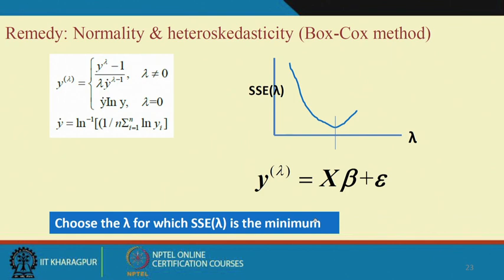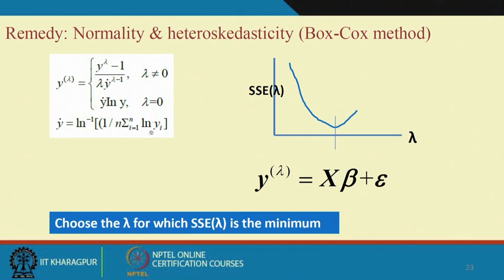And you do Box-Cox transformation for normality and heteroscedasticity. Here, you basically create a power lambda, and you are creating another variable y to the power within bracket lambda, which is (y to the power lambda minus 1) by (lambda into y dot to the power lambda minus 1). Now, lambda is obviously not equal to 0 in the first case. If lambda equal to 0, you write y dot log y, where y dot is the inverse log of 1 by n sum over i equal to 1 to n of log y i.